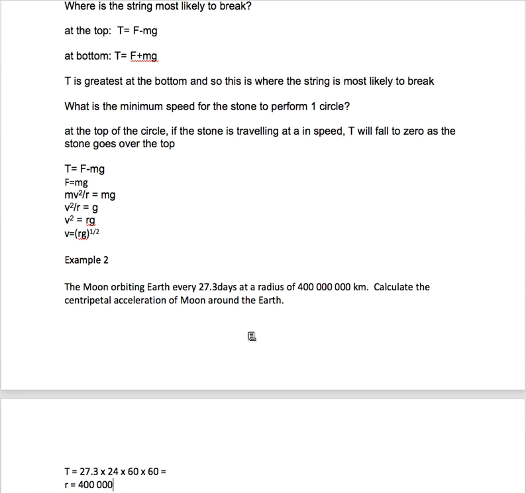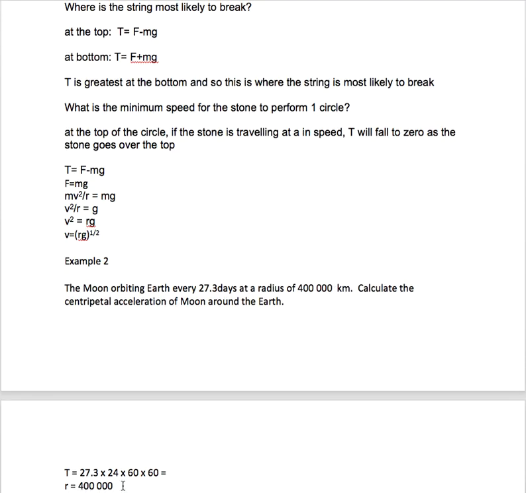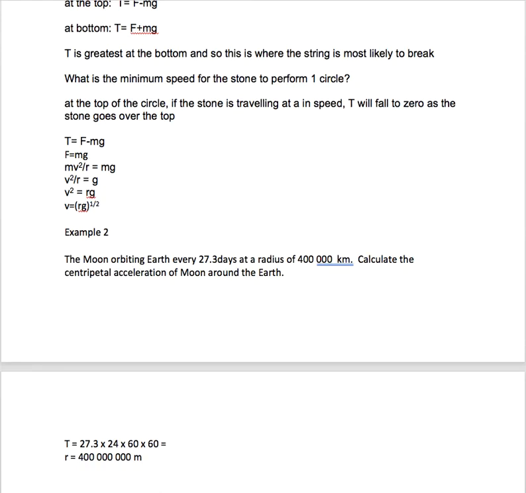I was right, 400,000 kilometers. I had too many zeros in there, so 400,000 kilometers, which is 400 million meters. So you say, well, how are we going to do this? We don't know the mass of the Earth. We don't know the mass of the Moon. Well, we don't need that.